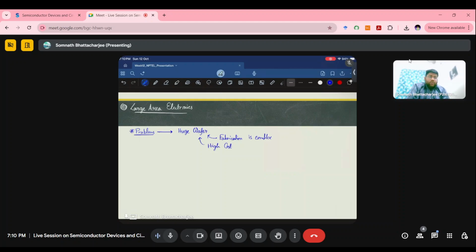So how to tackle this? If we need a very large area device and a circuit or something like that, and there are multiples and multiples of transistors, what do we need to solve this issue? The complexity can be minimized based on different architectures and structures, but the cost, we need it to be low cost, obviously, to be very easily available in the consumer market, and that's why we need this large area electronics.